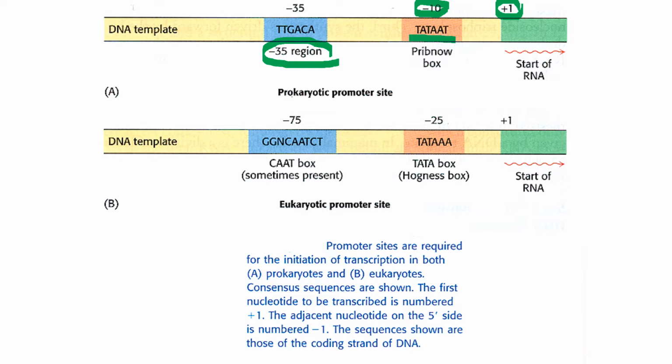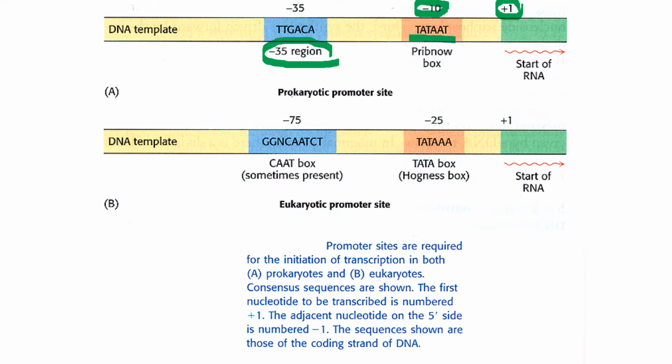Promoters for genes differ markedly in their efficacy, meaning genes with strong promoters are transcribed about every 2 seconds in E. coli, and in contrast, genes with very weak promoters are transcribed maybe about once every 10 minutes.